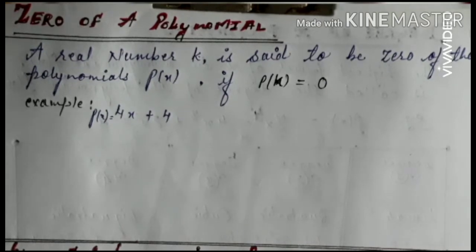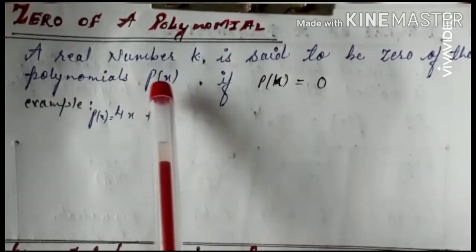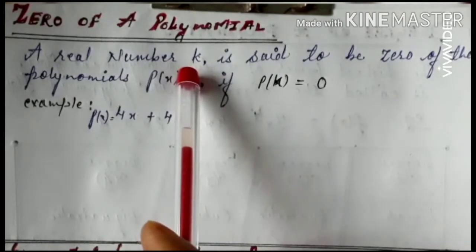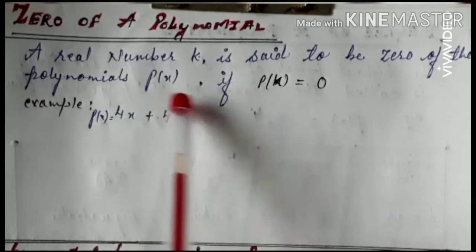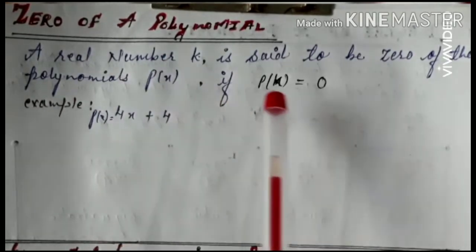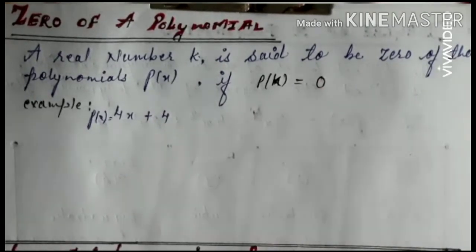A real number k, which can be any real number, is said to be a zero of a polynomial p(x) if p(k) equals 0. That means the value at which the polynomial becomes 0 is the zero of that polynomial.